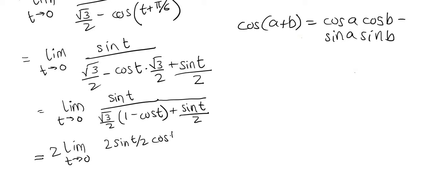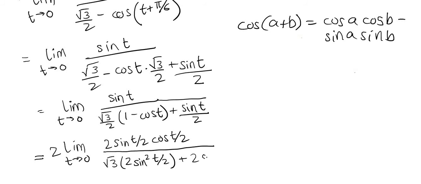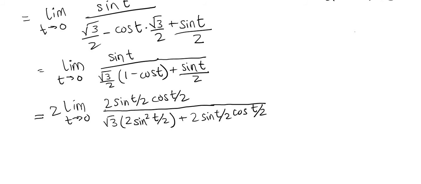So 2 sine t by 2 into cos t by 2 over, this is just 2 sine squared t by 2, 1 minus cos t is 2 sine squared t by 2, plus 2 sine t by 2 cos t by 2. Now I'll just go ahead and cancel this 2 sine t by 2 from everywhere. This is gonna just drop one power.